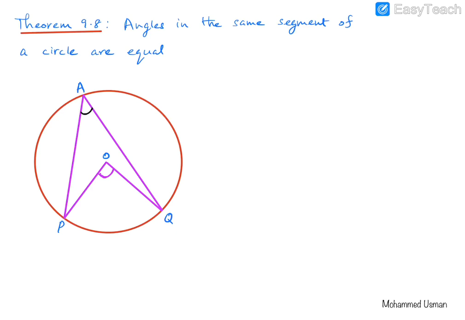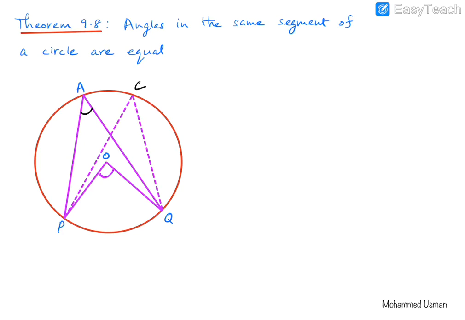So let's draw that. So if we have another point which we will name as C on the major arc here, that's the angle subtended by the minor arc PQ or by the segment PQ of the circle. So the angle PAQ, which is this angle over here, is the angle subtended on the circle by the segment PQ.